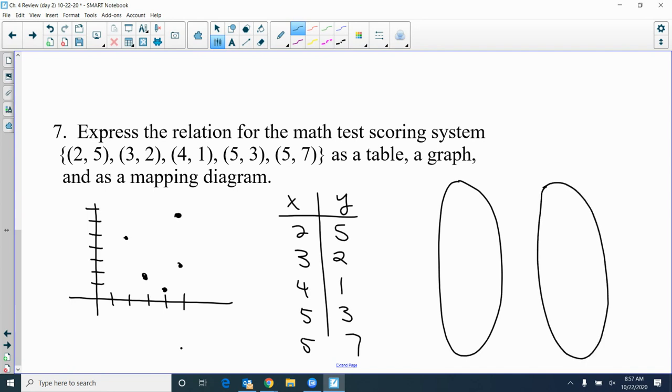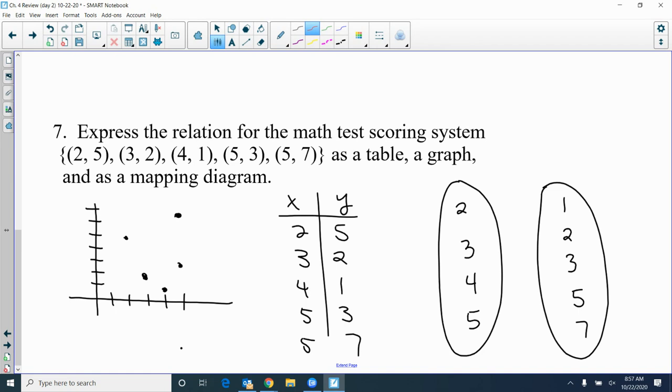Now list these in order. So we just have a 2, a 3, a 4, and a 5, and do not list anything twice. 2, 3, 4, 5. What is the order of the range values? It's 1, 2, 3, 5, 7, right? Draw an arrow from the domain to the range.